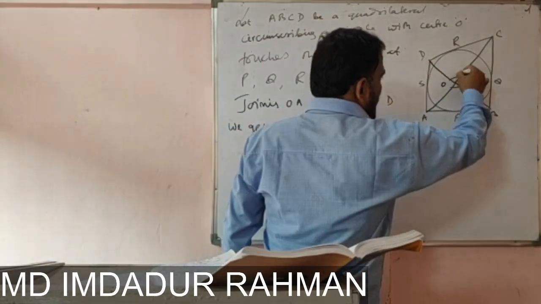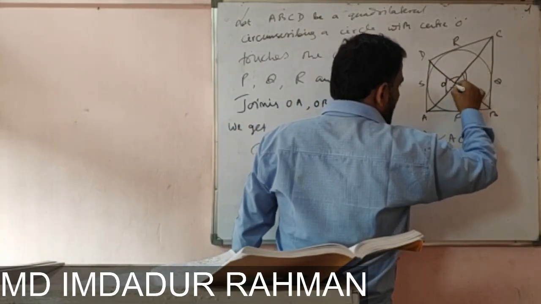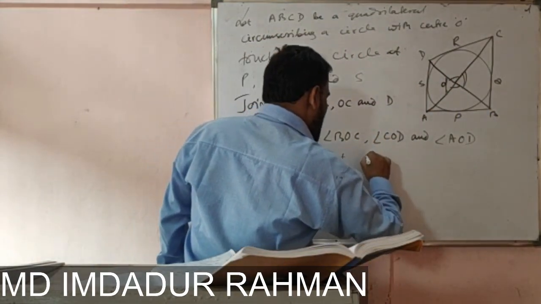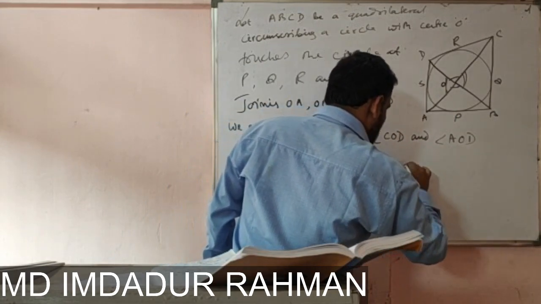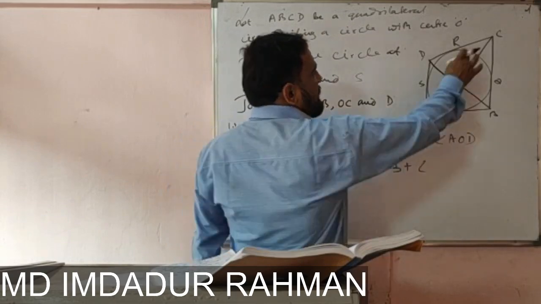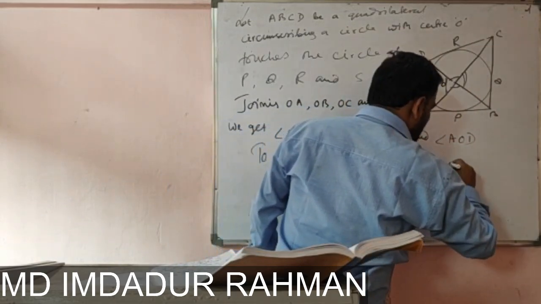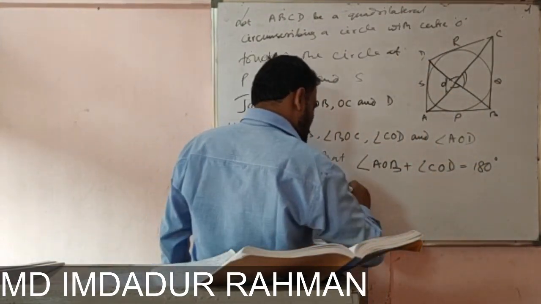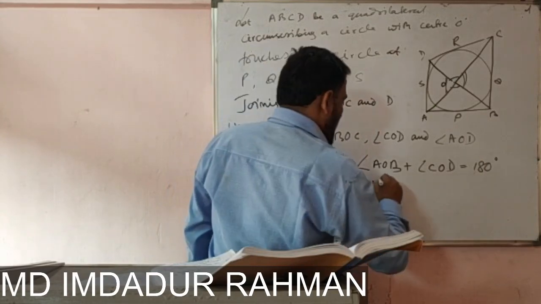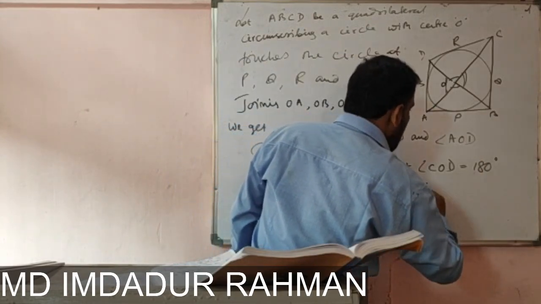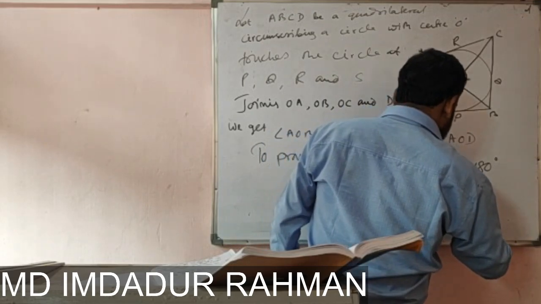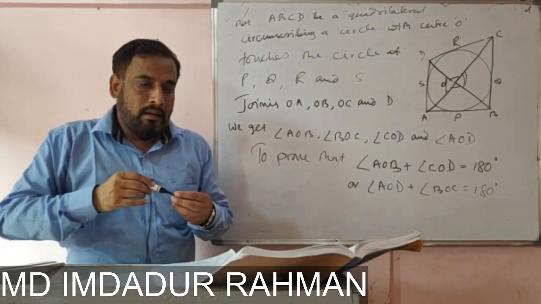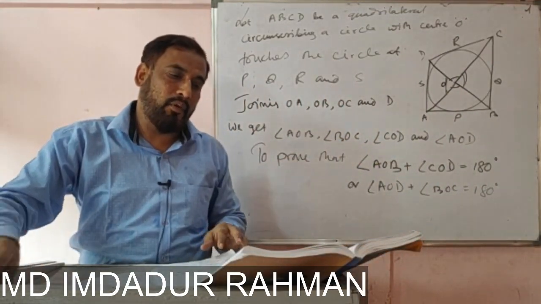So prove that angle AOB plus angle COD is equal to 180 degrees, or angle AOD plus angle BOC is equal to 180 degrees. Again, read the question.